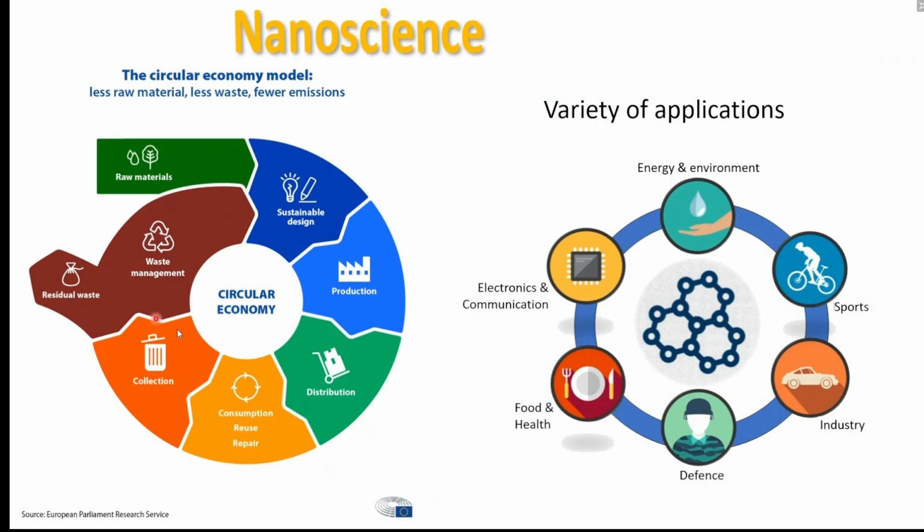We have to think also how to collect all these materials and devices, and the way we will eliminate this waste, and if possible, how to manage this waste to include it again in the system.